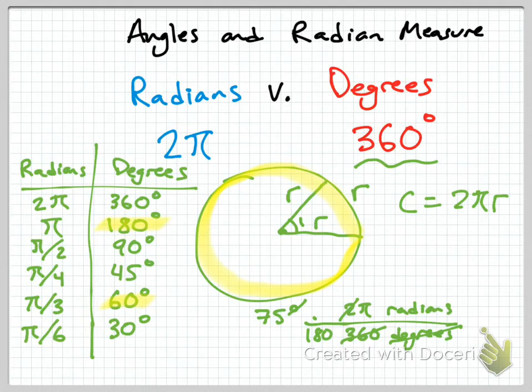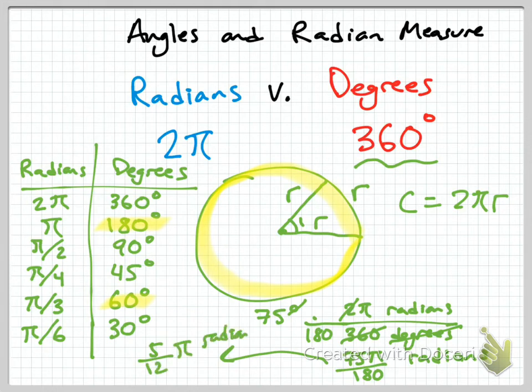So 75 pi over 180 radians. I believe we can simplify that, and we would get 5 pi over 12, or 5/12 pi radians. So you could use that method to convert any angle measure to radian measure.